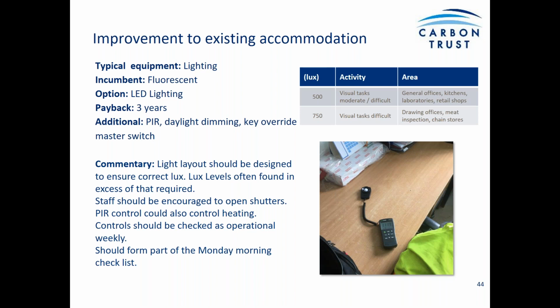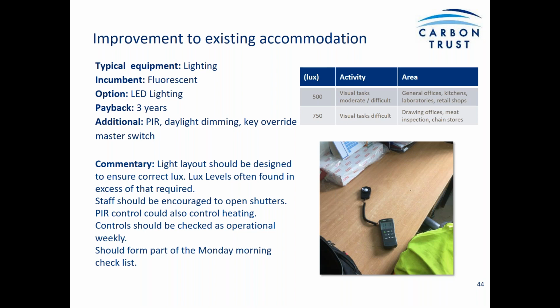Additional technologies that could be applied to improve that would be the use of passive infrared sensors, the PIR sensors. You would look at daylight dimming and the key override with a master switch, so that all the lighting can be switched off at the end of the day at the one position.